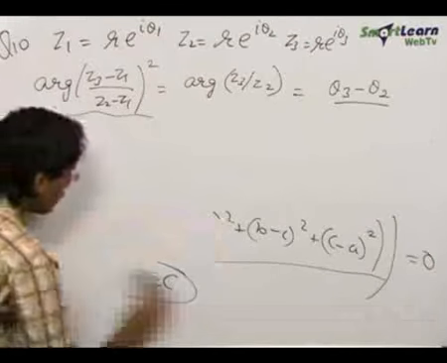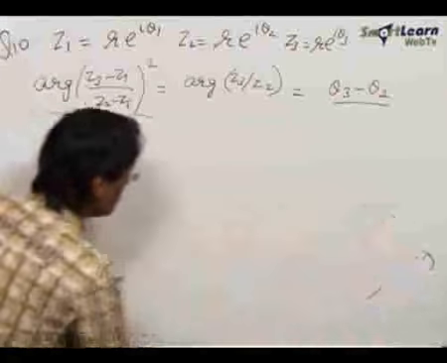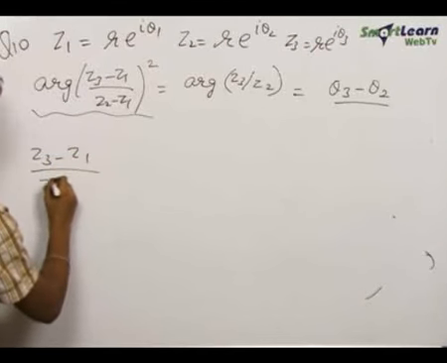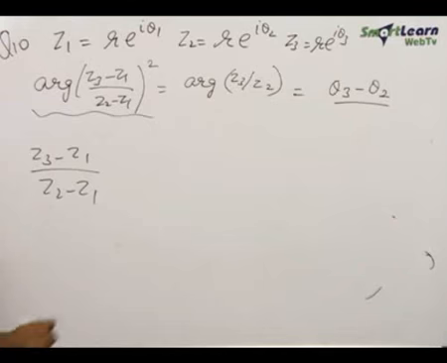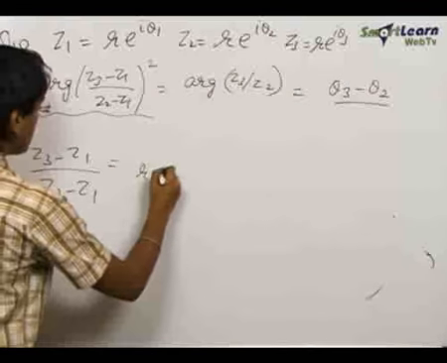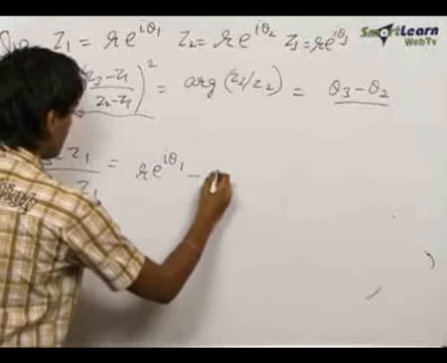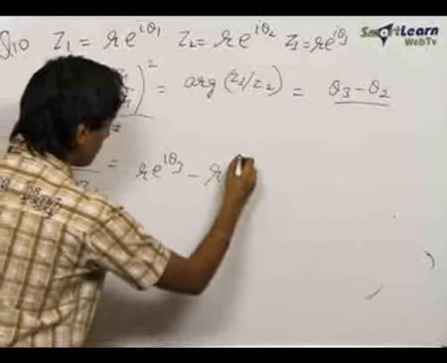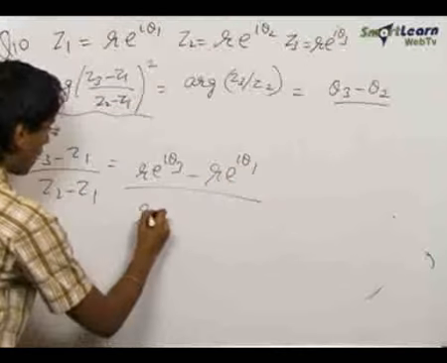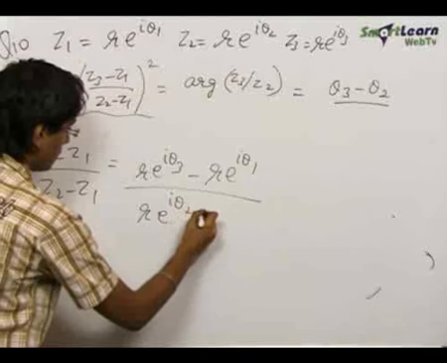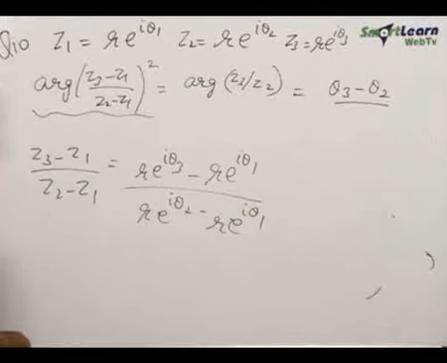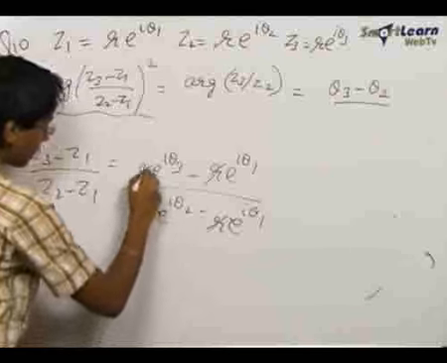So let us try to find out the value of (z3 − z1)/(z2 − z1). This is equal to (r e^(iθ3) − r e^(iθ1)) upon r (e^(iθ2) − e^(iθ1)), this is the given value. The r gets cancelled.